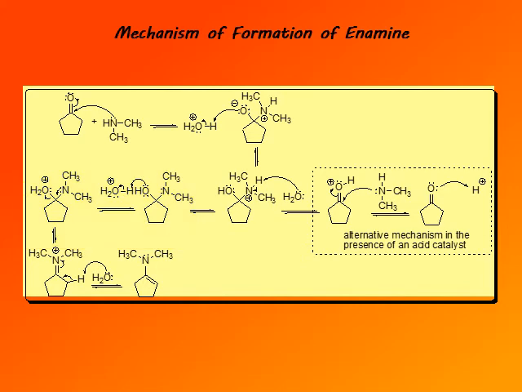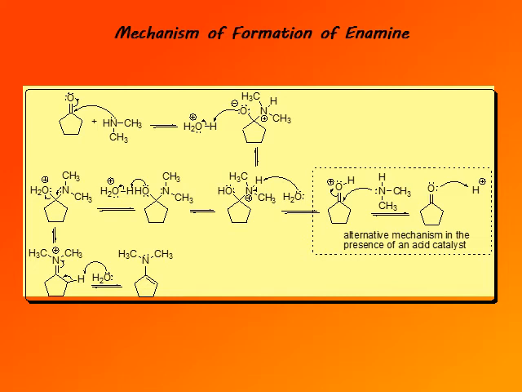The resulting product is what is called an iminium cation, and this iminium cation in synthesis of imines would lose a proton to give imine. But this nitrogen does not have a proton attached to it, so there is no proton from the nitrogen to be removed. For that reason, a proton is removed from the neighboring carbon.